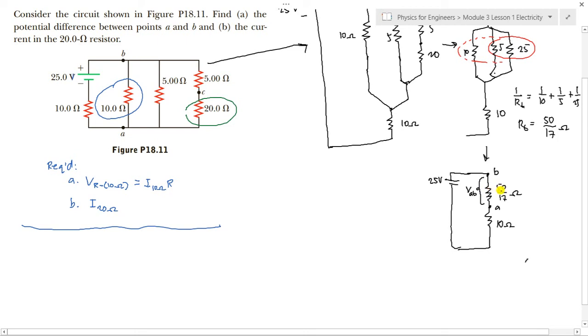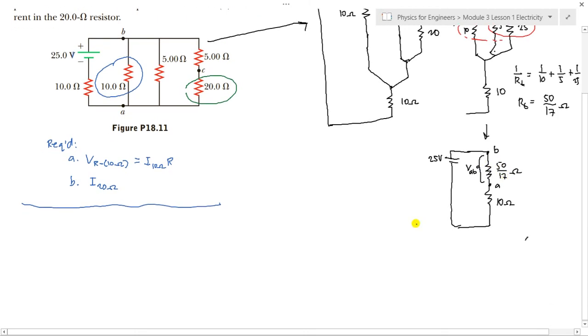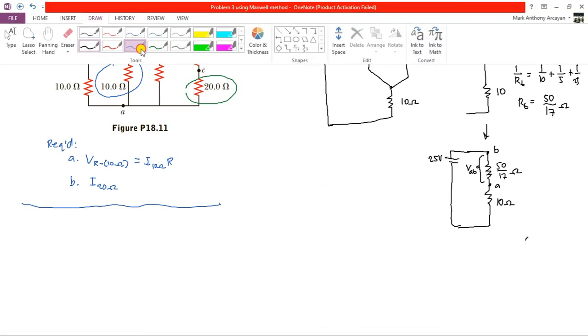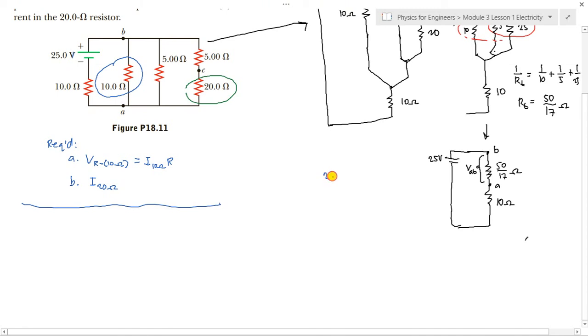Okay, so in solving for the volts there, by series connection, for the volts we have 25 volts, which is the total voltage, equal to the voltage at AB plus the voltage at the 10 ohm resistor.